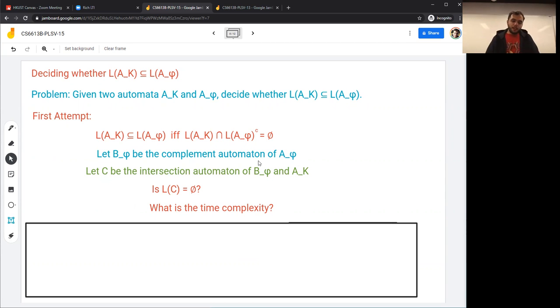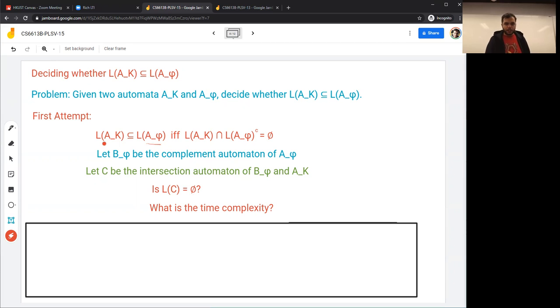Okay. Now, what is the complexity of computing intersection? We just saw that it's polynomial. And what is the complexity of emptiness checking? Well, we saw that we can do it in linear time. But there's also something else here. I'm starting this assuming that I have these two automata.